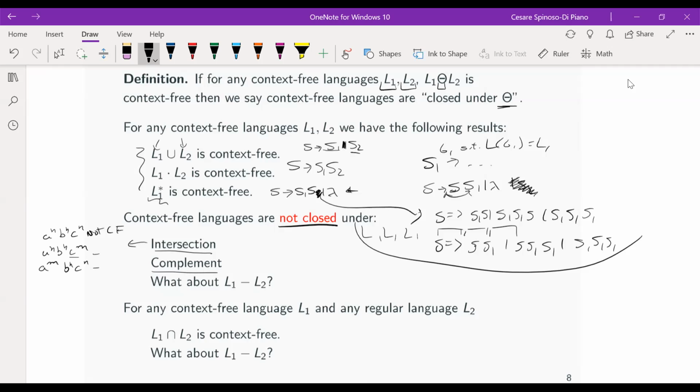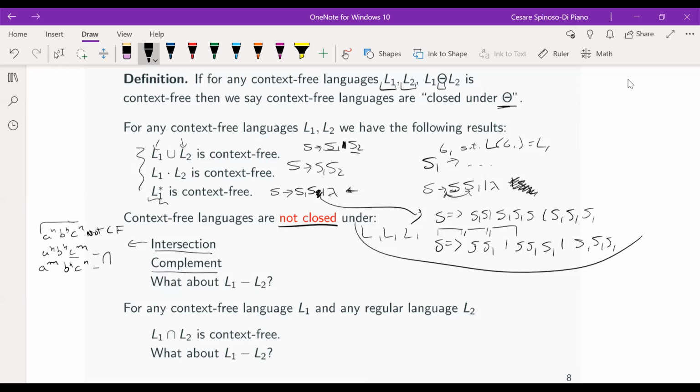But if you take their intersection, and the context-free languages were closed under intersection, then a^n b^n c^n would be context-free, which would be a contradiction. So that's one reason why it's not true.